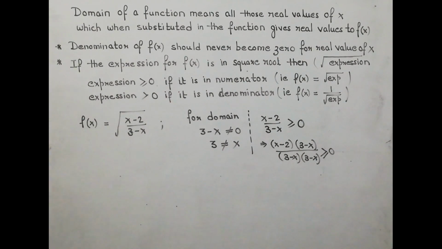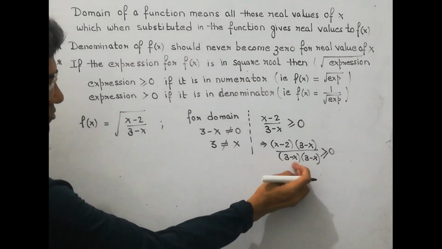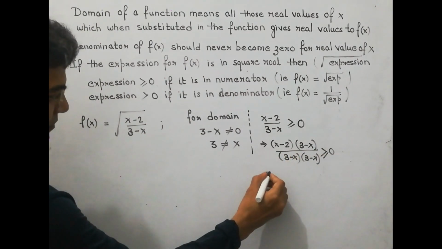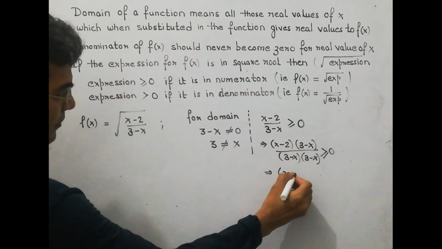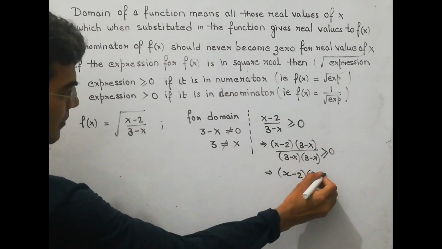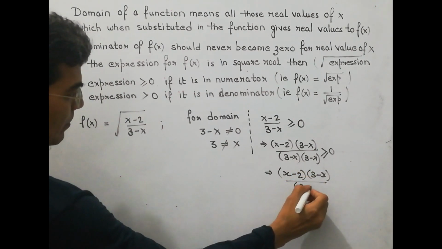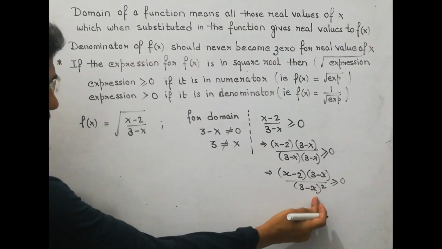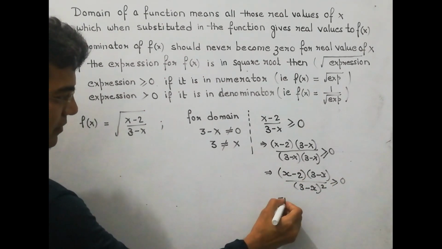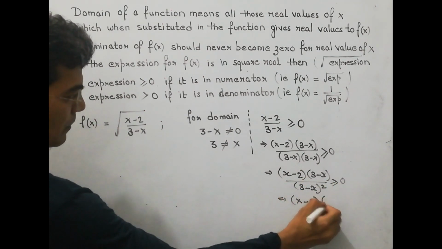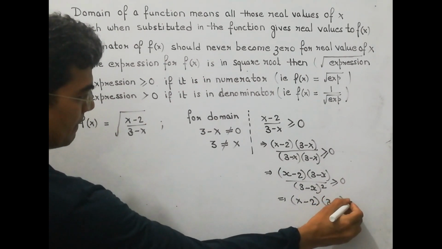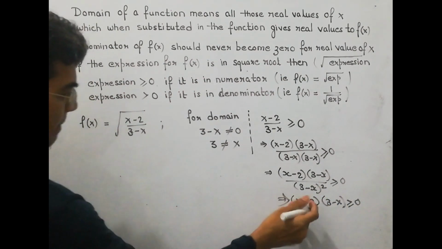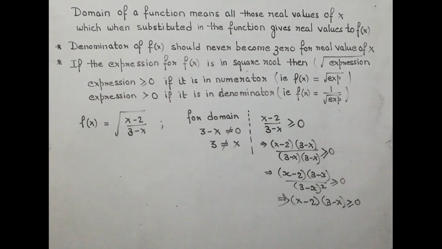Now this denominator becomes a square, and the square of a real number is always positive, so you can cross multiply it. So you are getting this expression, (x minus 2) into (3 minus x) is greater than or equal to 0.